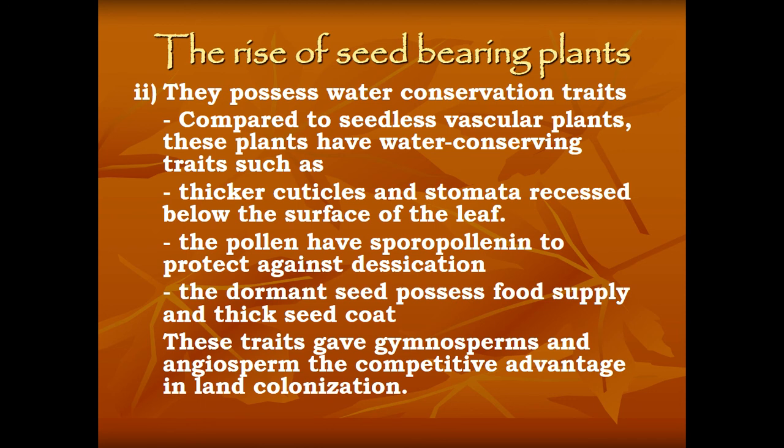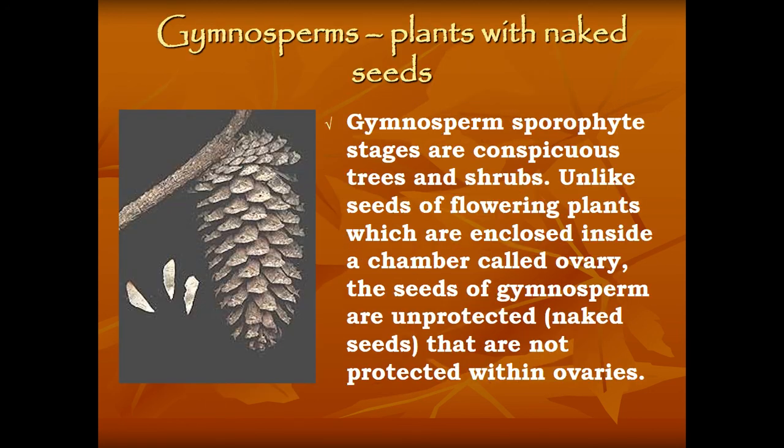They have pollen that contains sporopollenin to protect against desiccation, and they have a dormant seed that possesses a food supply and thick seed coat. So these traits give gymnosperms, the flowerless plants, and also angiosperms, the flowering plants, a competitive advantage in land colonization better than bryophytes and also pteridophytes.